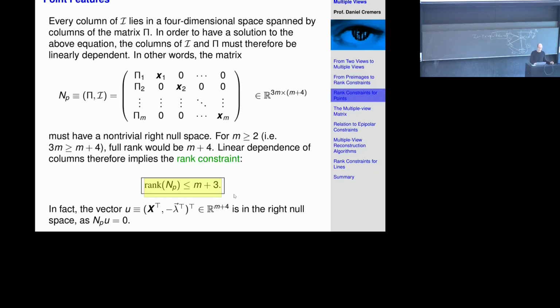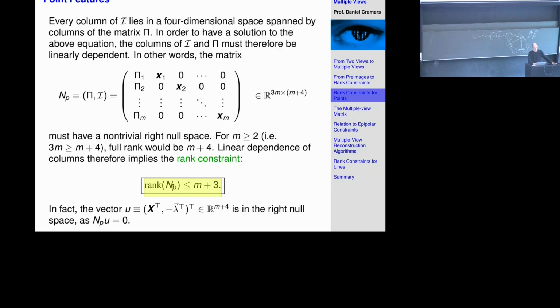It's rank deficient, and that allows us to enforce a constraint between the camera parameters and the 2D coordinates. So this is really the extension of the epipolar constraint that couples camera parameters and 2D coordinates in one constraint. Here, same thing. One constraint that contains in this matrix NP the camera parameters and the 2D coordinates.